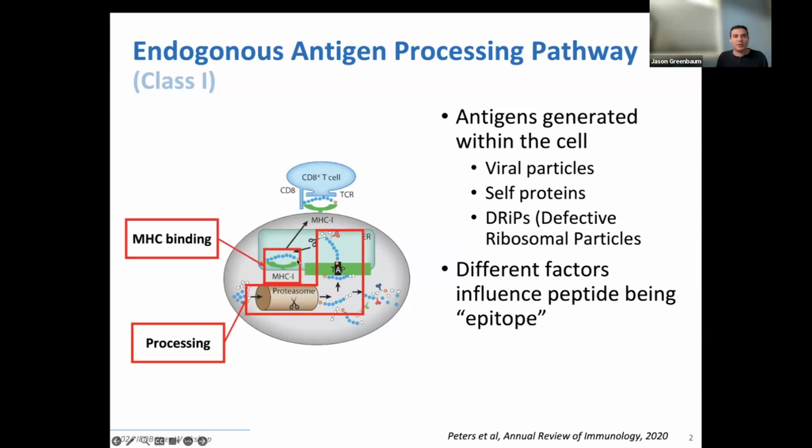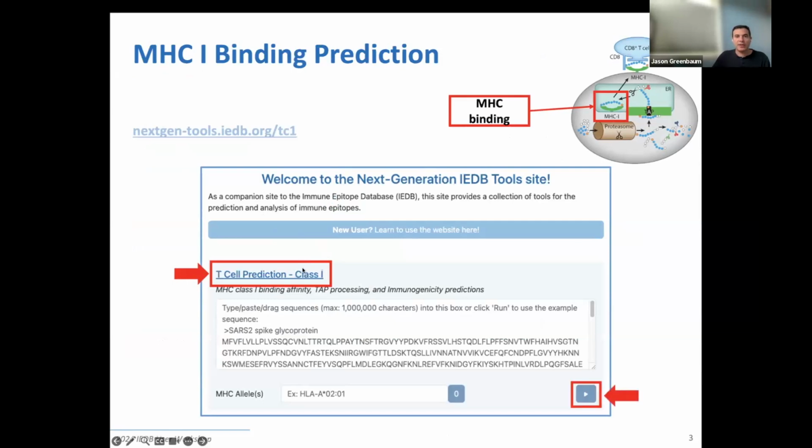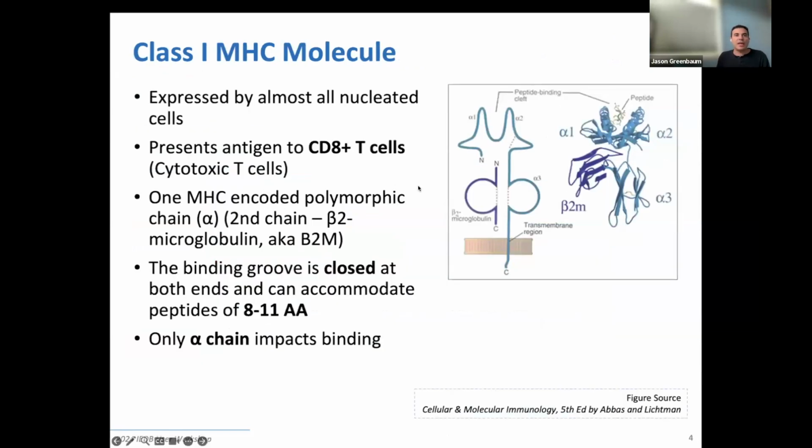MHC binding will predict binding of peptides to MHC class 1 molecules, and immunogenicity will predict recognition by a T cell. So we'll start with binding, which again is this part of the pathway. And for all of these tools, you can start from the same place. You just go to the T-cell class 1 link, where you can get to through either of those links.